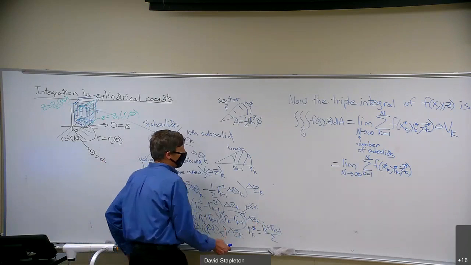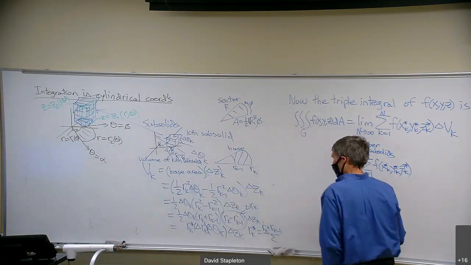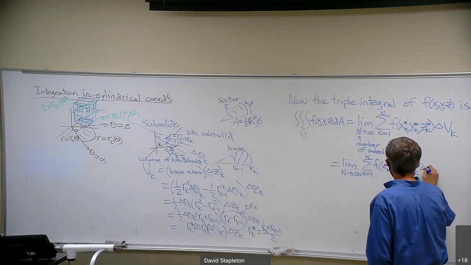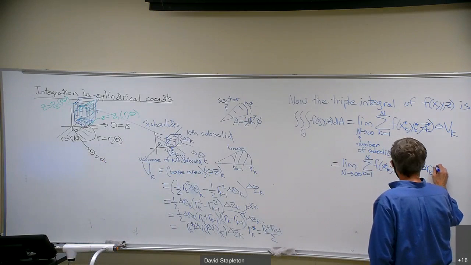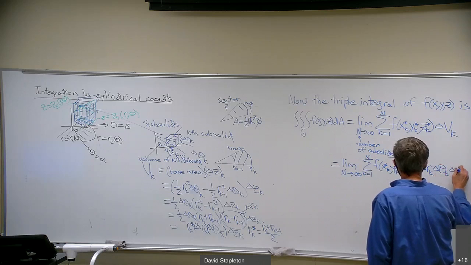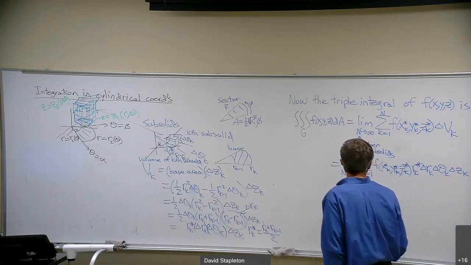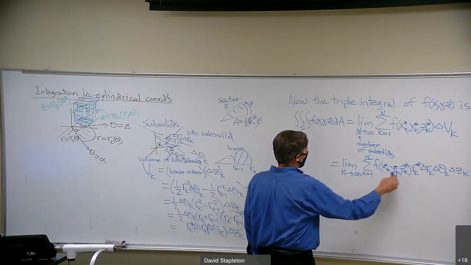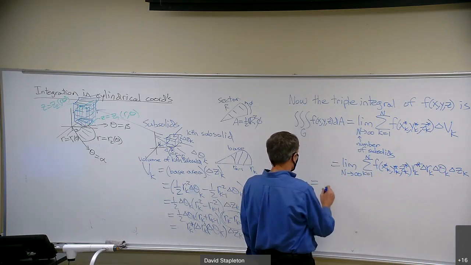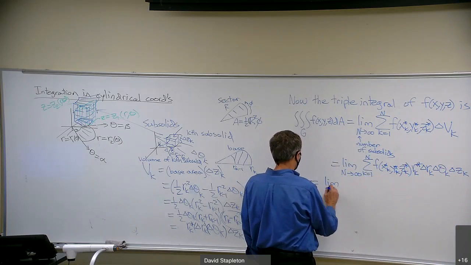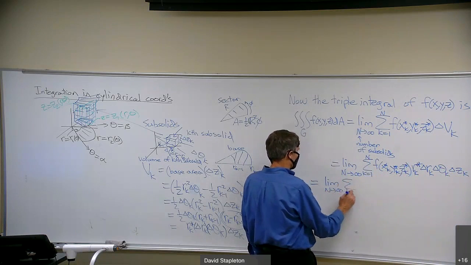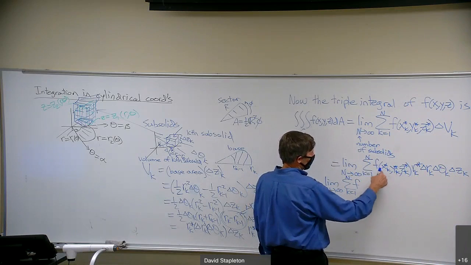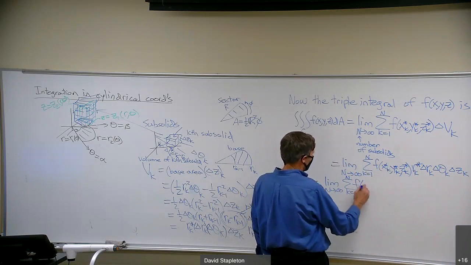All right, and then delta zk hangs on. And so now this is rk star delta rk delta theta k delta zk. And, well, these are rectangular coordinates. If we convert them to cylindrical coordinates, this is the limit as n goes to infinity of the sum k equals 1 to n. We can pick any points in here we want, provided this function is continuous, and this limit of the sum will be the same.